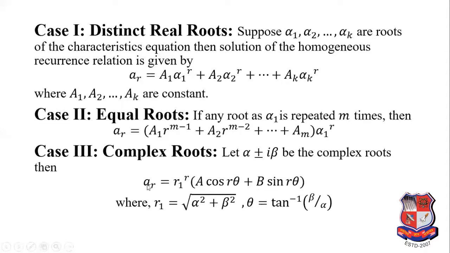After that, we get the solution of the recurrence relation as a(r) equal to r1 raised to r into A cos r theta plus B sin r theta.